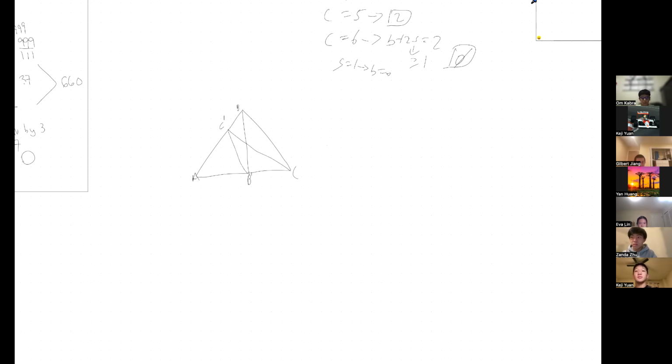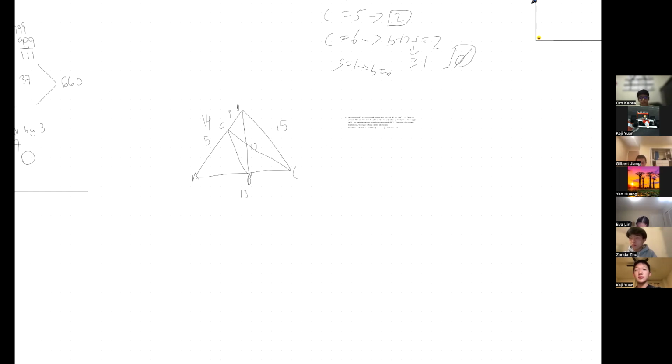Let me double check the question. We have AB is equal to 14, AC is equal to 13, and BC is equal to 15. The special thing about 13, 14, 15 triangles is that it's just a 9, 12, 15 triangle and a 5, 12, 13 triangle put together.